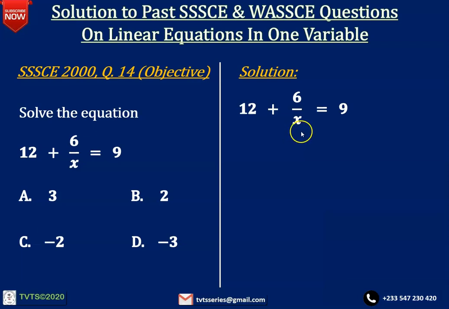The LCM of the denominators is x. Therefore, let's multiply through by x. This yields x times 12 plus x times 6 over x is equal to x times 9.